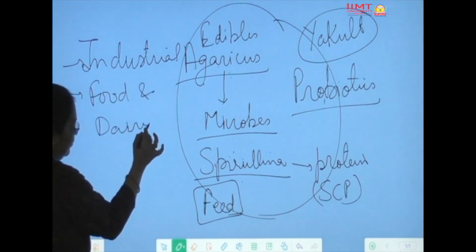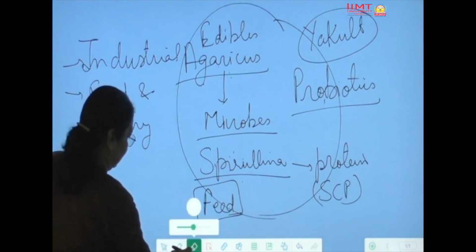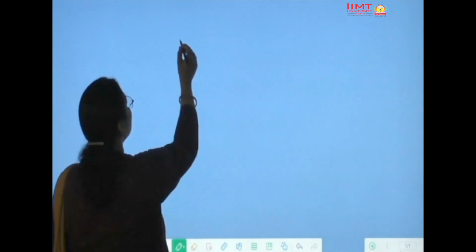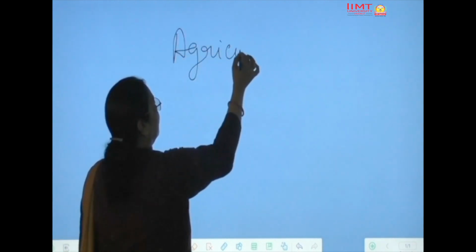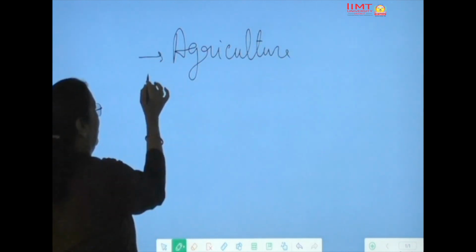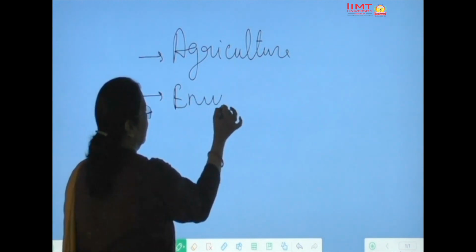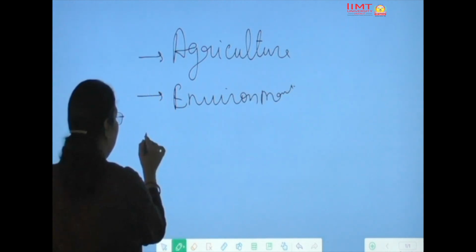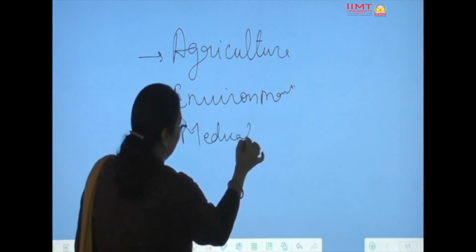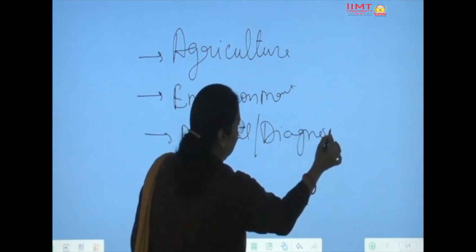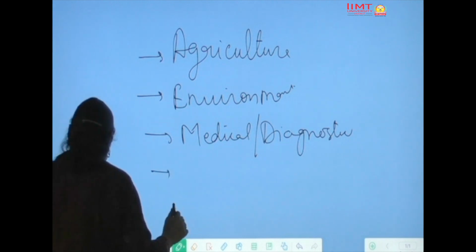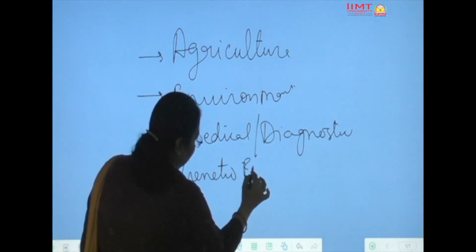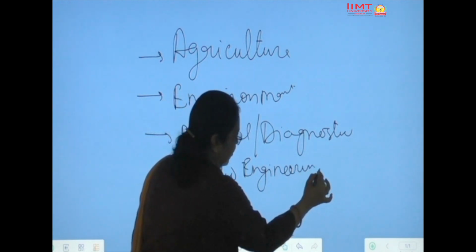In the next lecture, in continuation of this lecture, we will be studying the application of microorganisms in agriculture, in environment, in medical or diagnostics, and in genetic engineering and RDT.